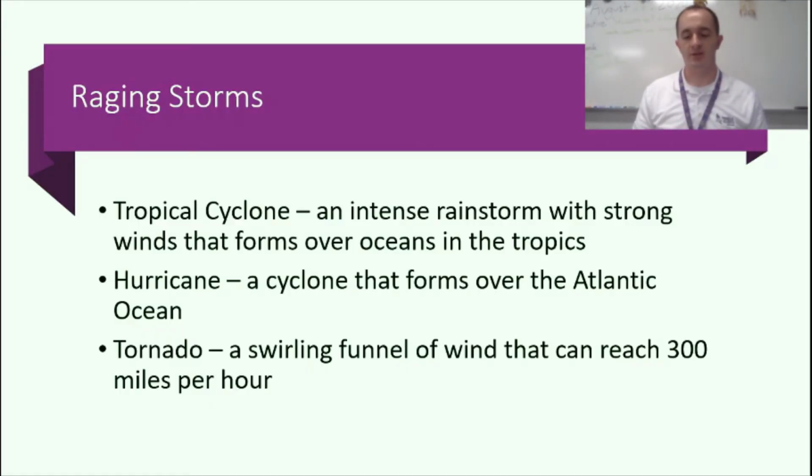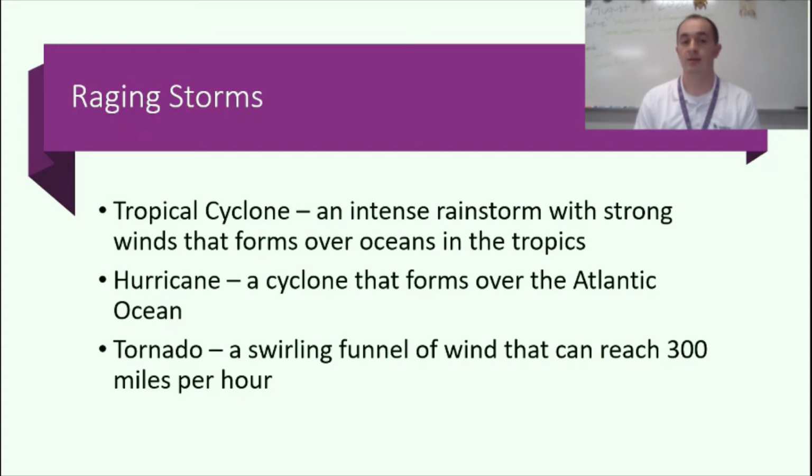We just mentioned that large bodies of water are partially responsible for weather systems and climate. There are three notable weather systems that we are going to talk about. One is a tropical cyclone. This is an intense rainstorm with strong winds that forms over oceans in the tropics. And then we have a hurricane, which is similar to a cyclone, except that it forms over the Atlantic Ocean.